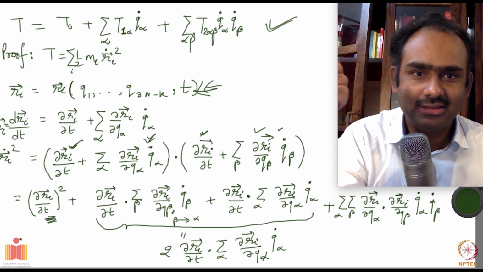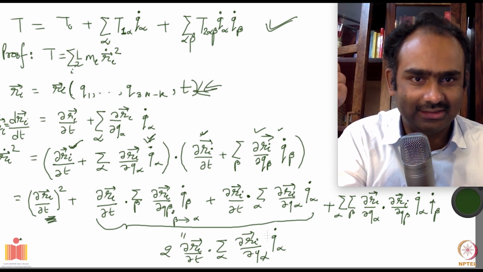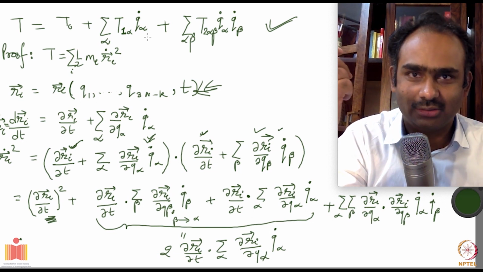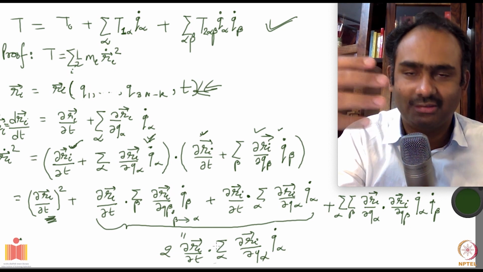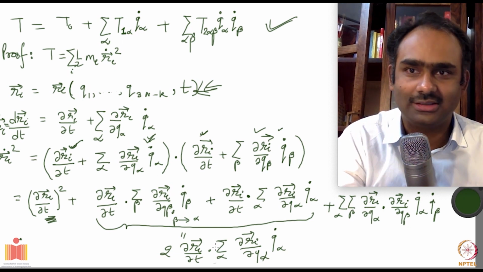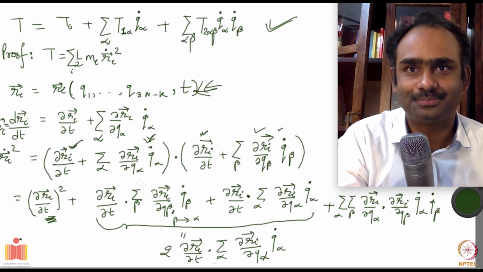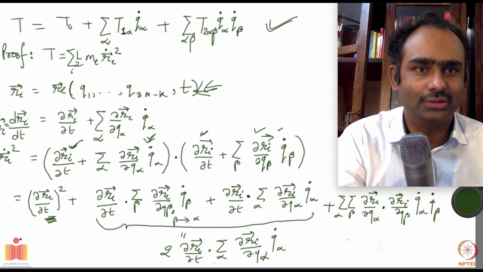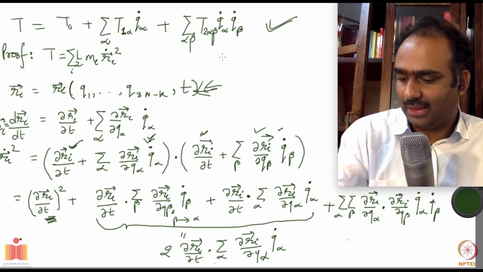Then this piece has only linear dependence on the generalized velocities, so that's what is here. And so you can read off from here, after summing over all the masses and all the particles, your T1 alpha, and this is the one which is going to give contribution to T2 alpha.